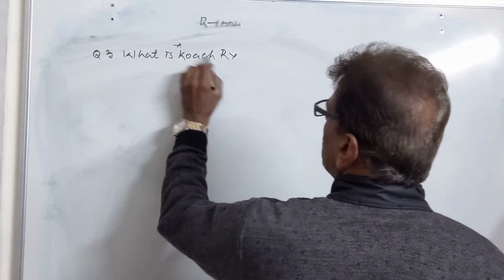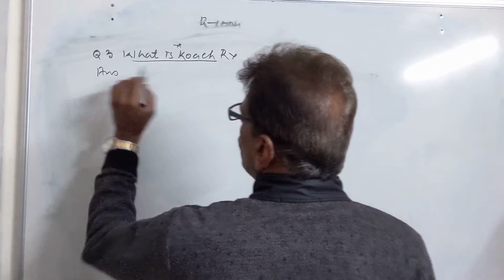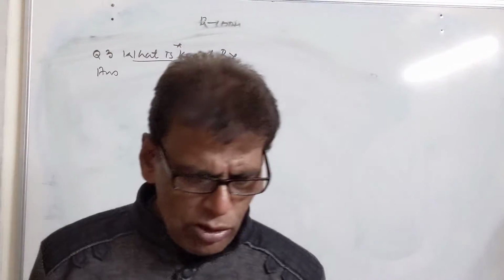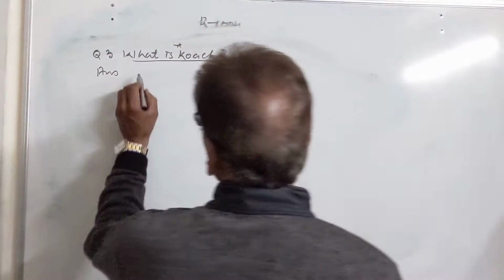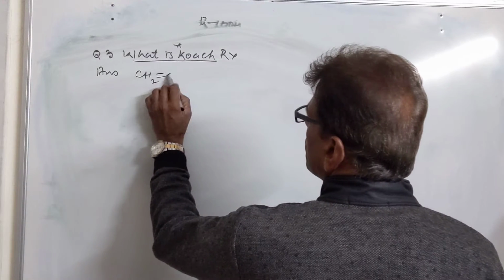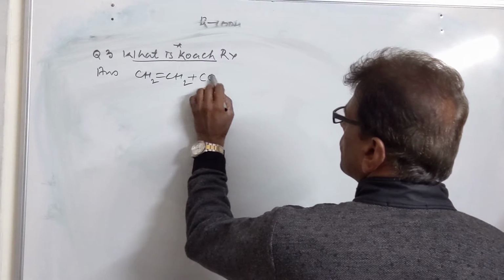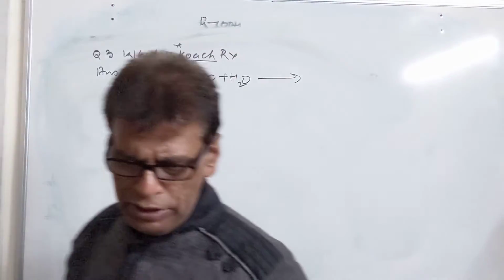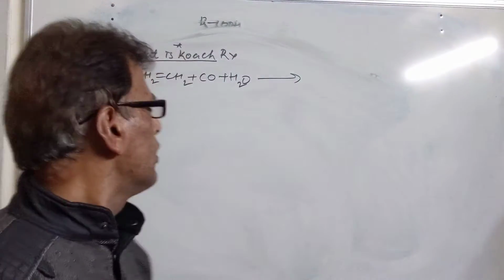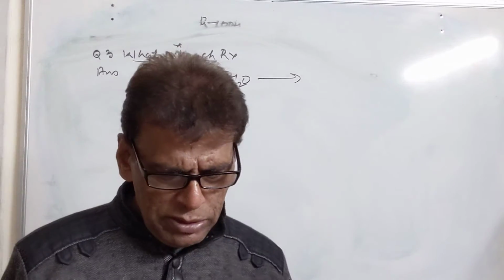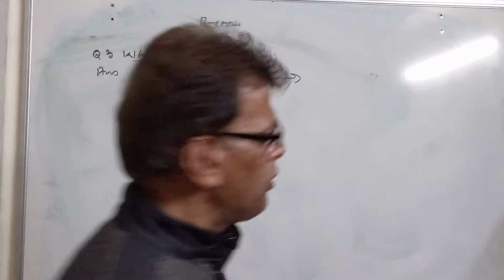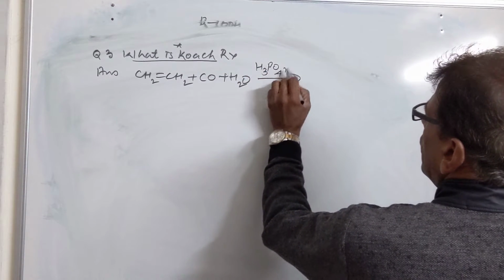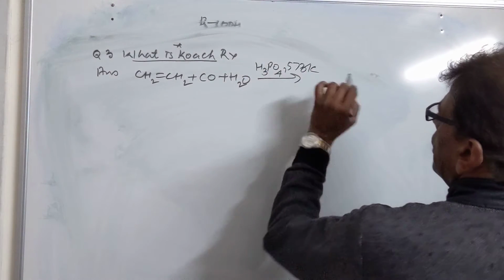It is a name reaction, very important. So Koch reaction involves the preparation of carboxylic acids from alkenes. Ethylene is treated with carbon monoxide and water in the presence of catalyst, that is H3PO4 at 573 Kelvin.